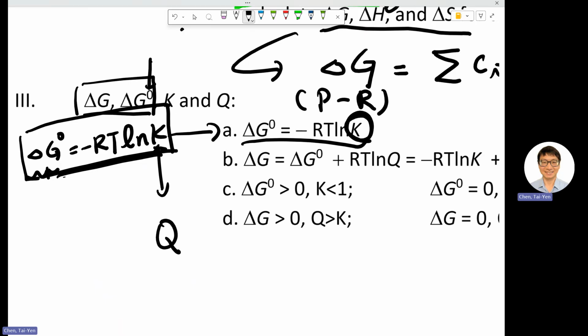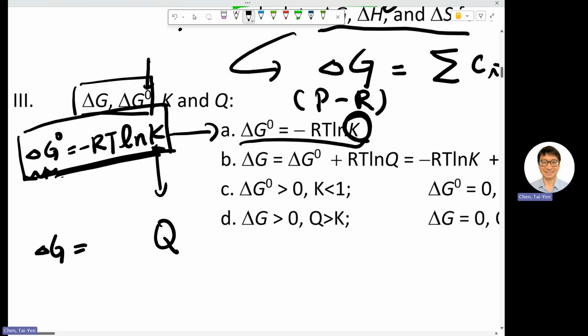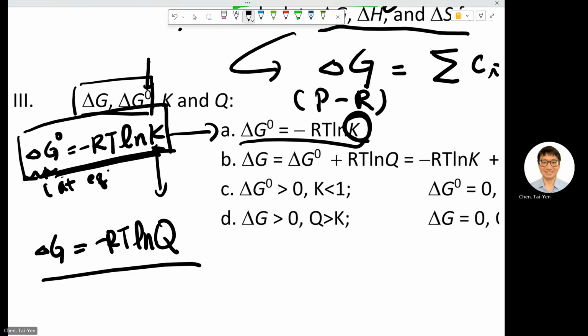It turns out it's very, very similar. If you have any species at a random state, not at a standard state, you can still relate it to your delta G. So your delta G is going to relate to your Q in this way. You can think about this one as at equilibrium, and this one as at any condition.